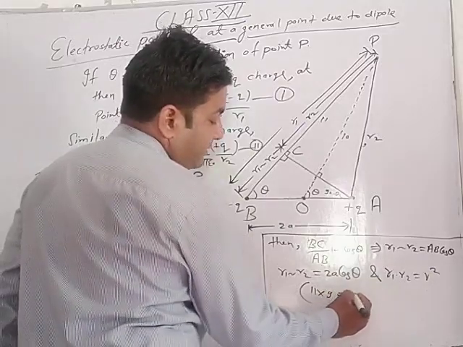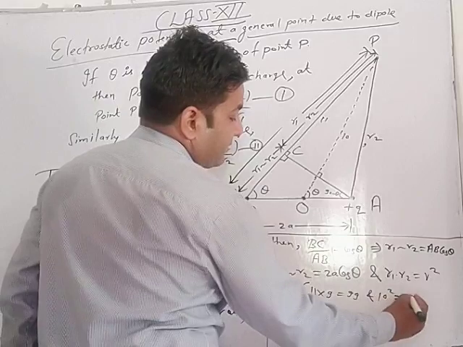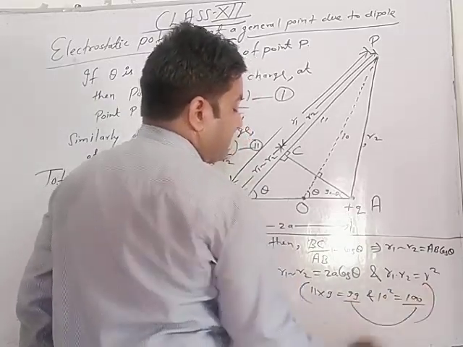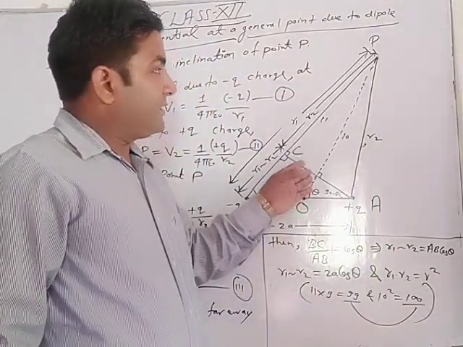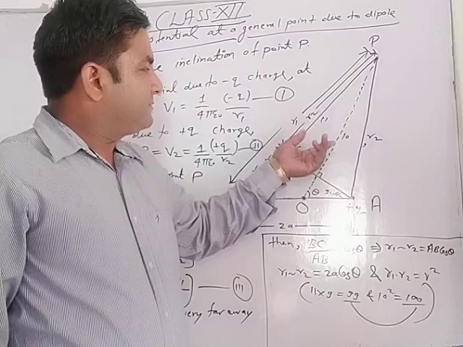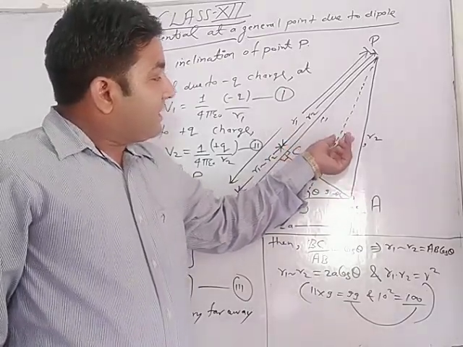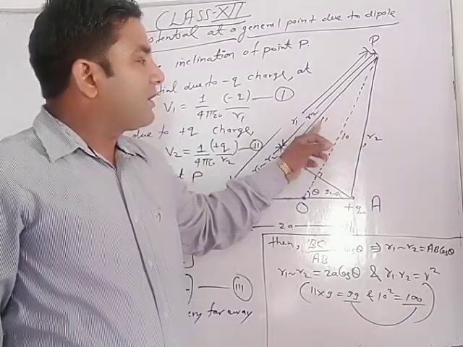11 into 9 means what? 99, and 10 square means what? 100. So this 99 can be taken as approximately equal to 100, under the condition that whenever the point is very far away, then in a square term it is approximately equal to the product of these two terms.